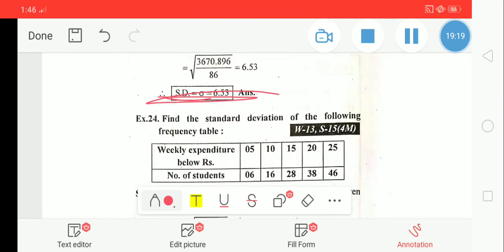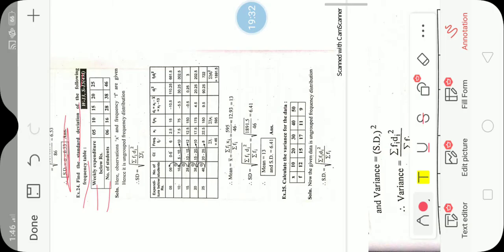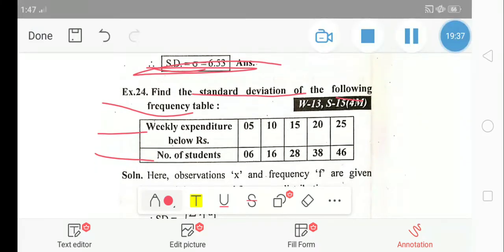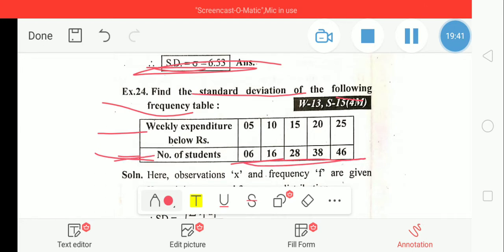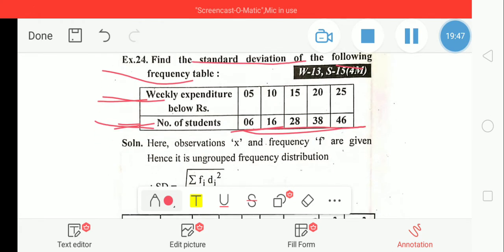Now here also find the standard deviation of the following frequency table. Now here in that table the class interval is not given, so this is a frequency but not f, so we can convert it into a frequency, and this is also class interval.